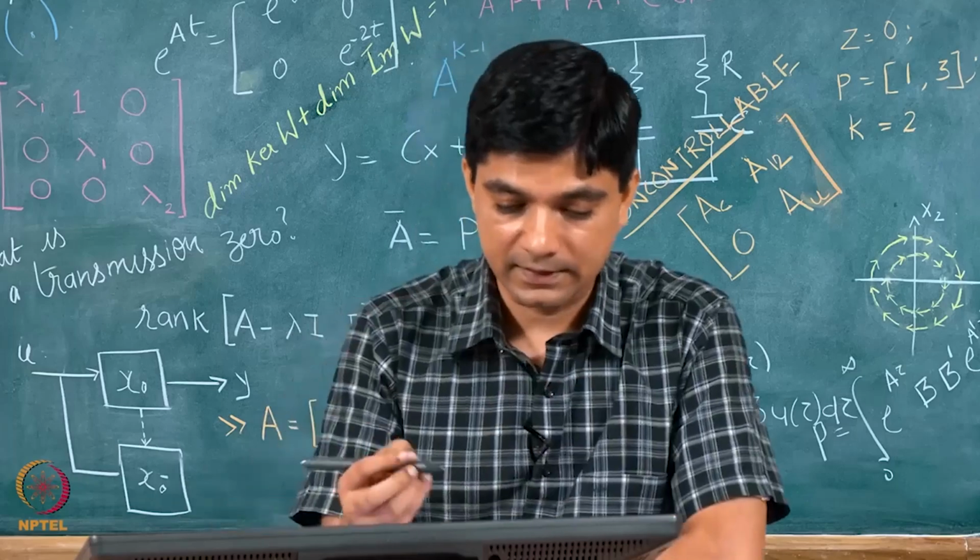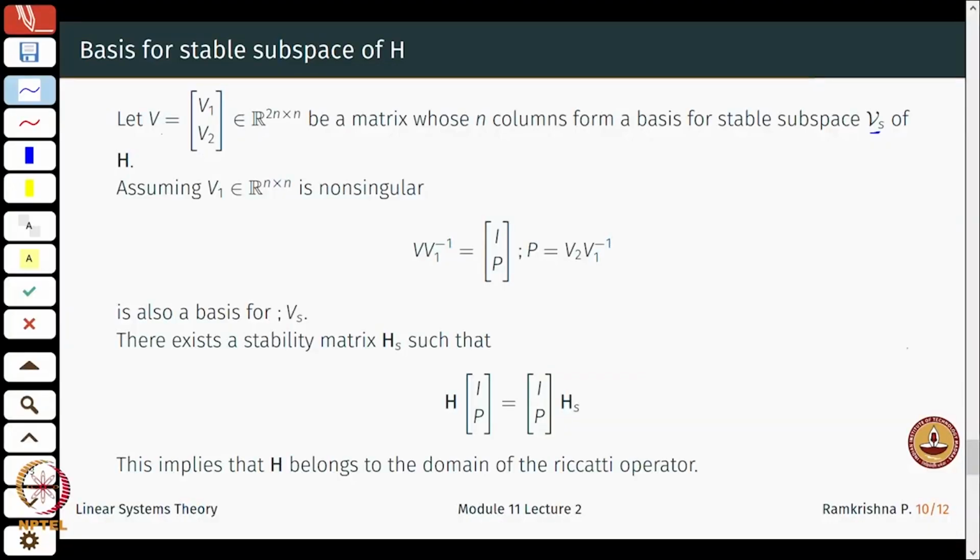Let me take some arbitrary basis, let V, which is V1, V2, be a matrix whose n columns form a basis for the stable subspace of H. Now, assuming that V1 is non-singular, I can write V times V1 inverse as I and P, where P is V2 V1 inverse.